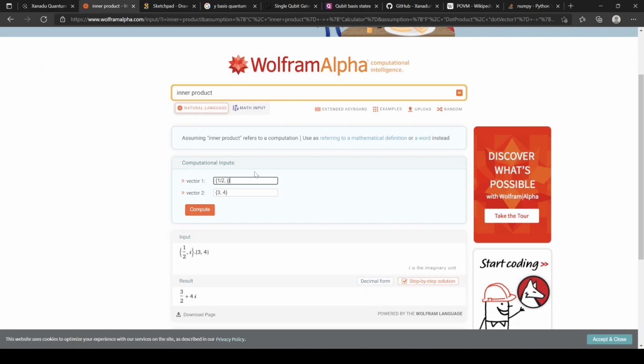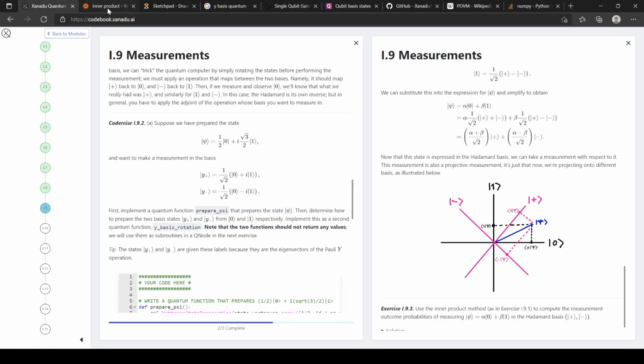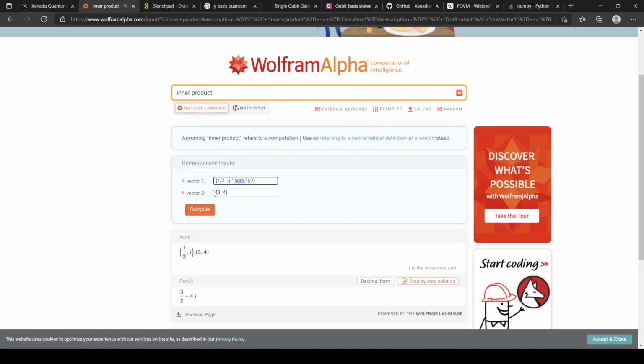That's all I was checking. Negative i's times square root of 3 over 2, between this and 1 over square root of 2, i over square root of 2.